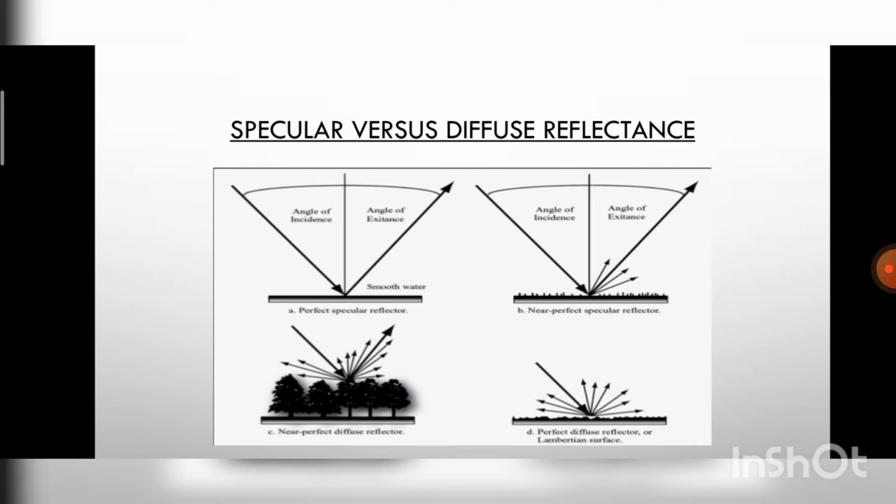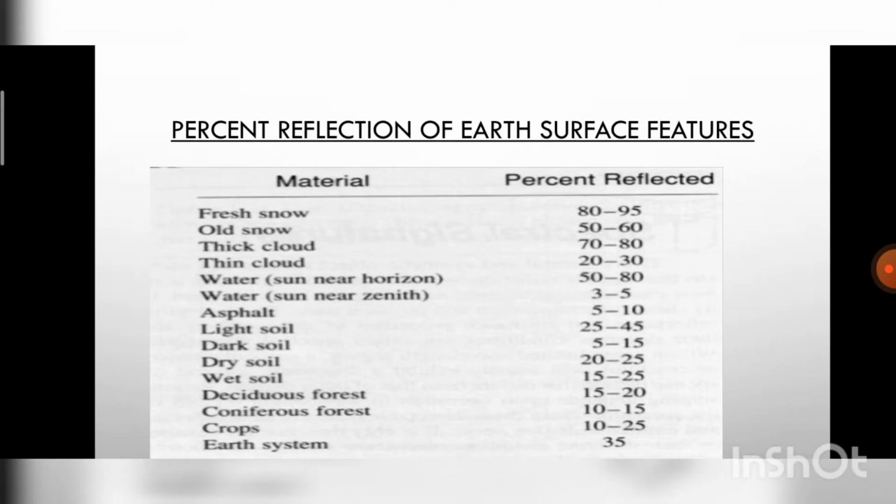This is measured as a function of wavelength and is called spectral reflectance. It is mathematically defined as the energy of wavelength lambda reflected from the object divided by the energy of wavelength lambda incident upon the object, and it is expressed in percentage. A graph of the spectral reflectance of an object as a function of wavelength is termed a spectral reflectance curve.